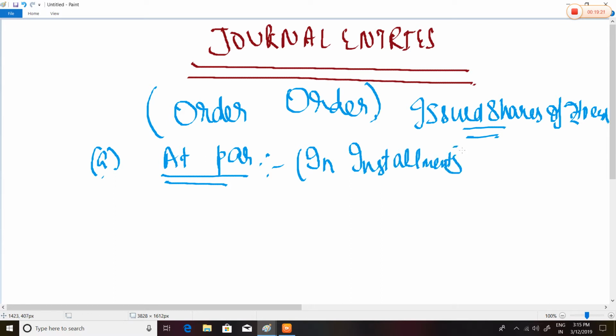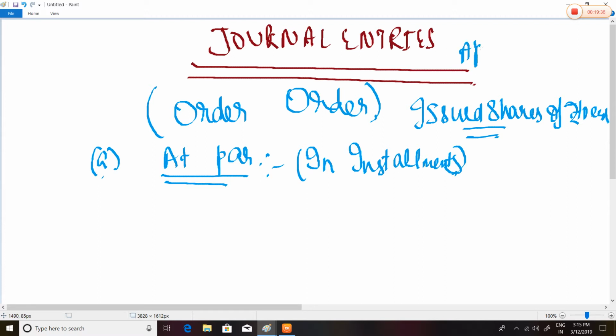As you know, when the shares are issued, the money is received in various forms.